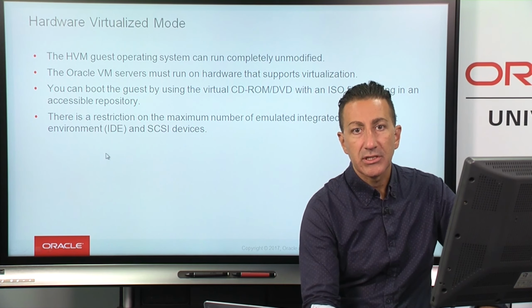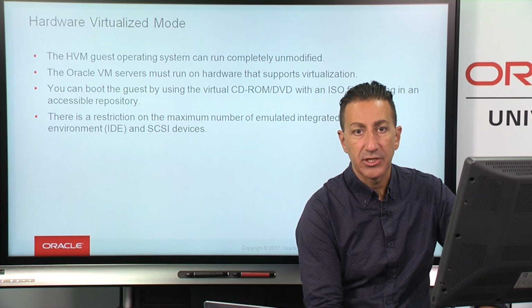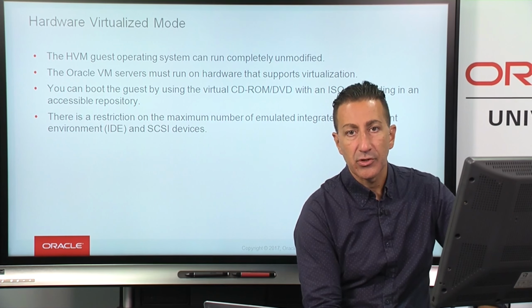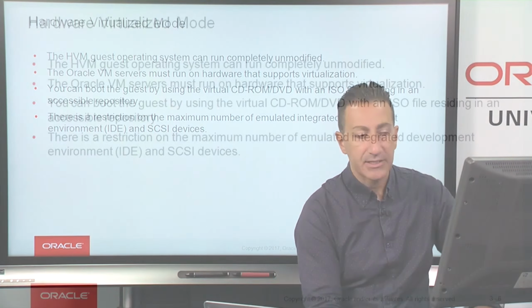In addition, the Oracle VM server must run on hardware that supports virtualization, so you need to enable in the BIOS support for virtualization, the hardware virtualization assist, and there is a restriction on the maximum number of emulated IDE and SCSI devices.